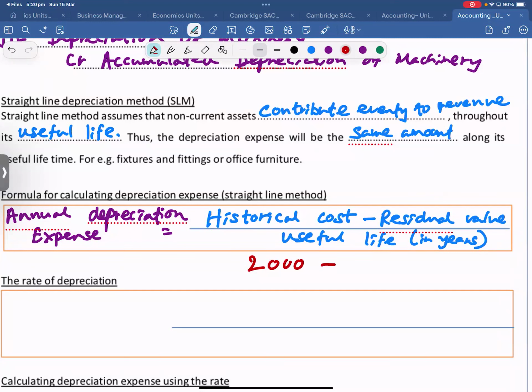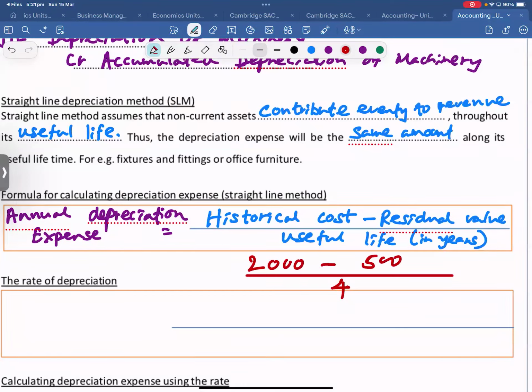It can depend on the business or the user's experience. So let's say how long can we use the computer for? 4 years, right? Then how much do you think you can sell it for after 4 years? 500, right? So then what do we do?